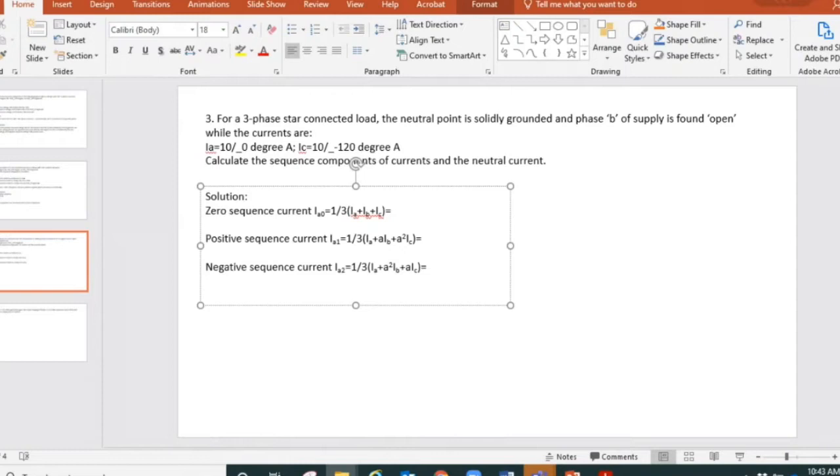Anyone who has got the answer? Yes. Is IA0 3.33 at an angle of minus 60 degrees?